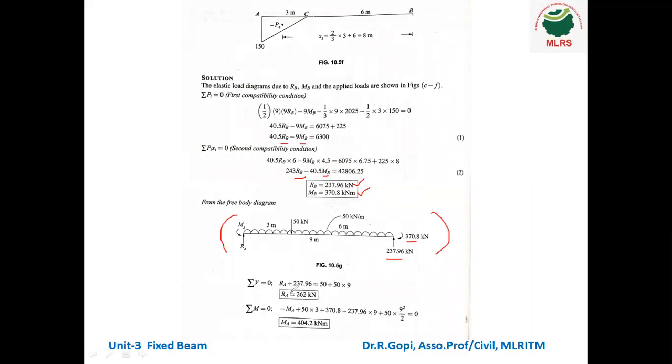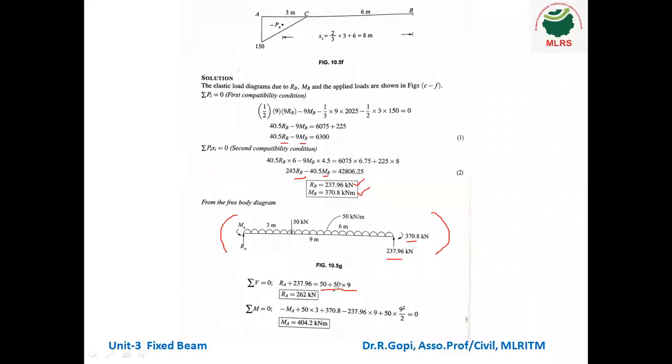So next RA. What is RA? RA is the total load minus RB. What is total load? So here there are two loads acting. One is the UDL load, another one is the point load. Okay. So next, the total load is 50 plus 50, which is the point load, and 50 into 9 for the UDL load.